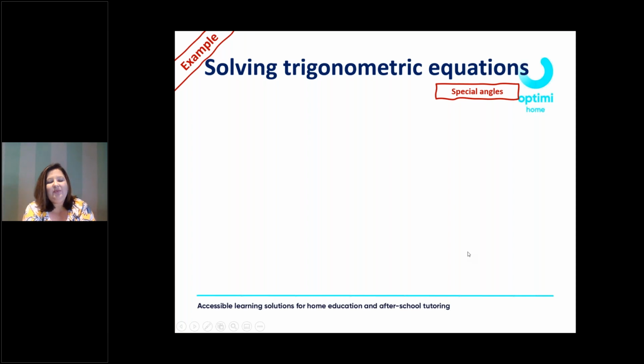So let's now look at when you get questions regarding solving trigonometric equations, and it actually has to do with special angles. So your special angles are 45 degrees, 30 degrees, and 60 degrees. Please go back to the notes that are uploaded on the Guided Learning Platform.